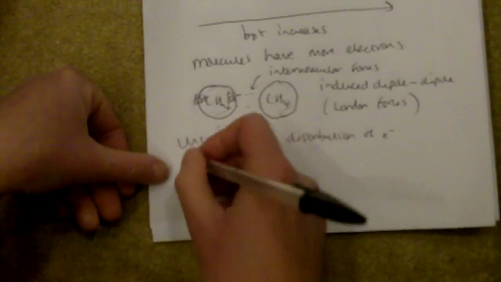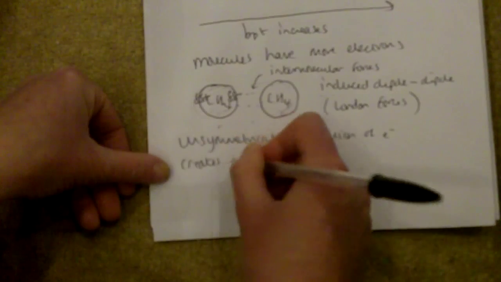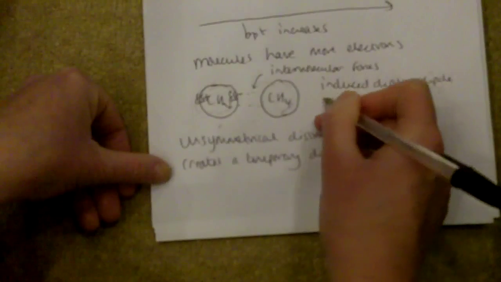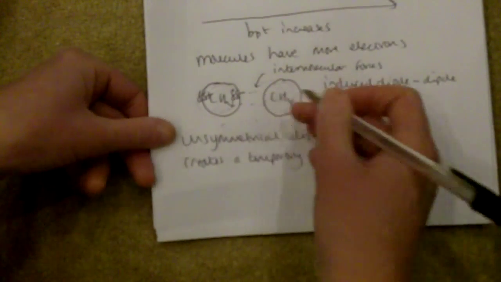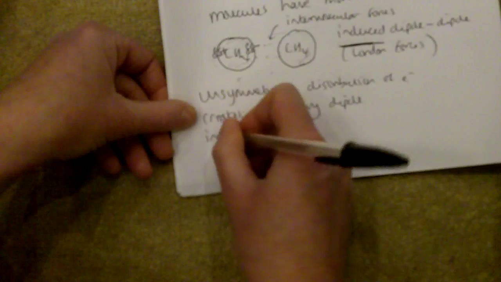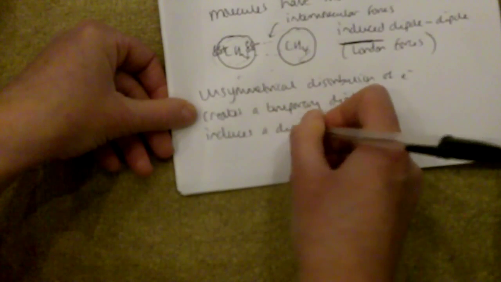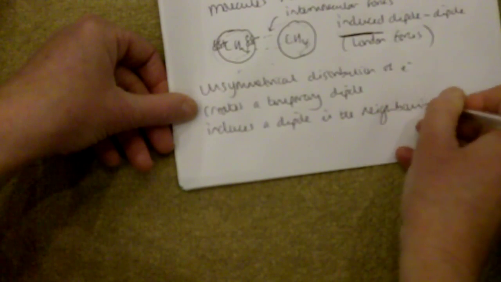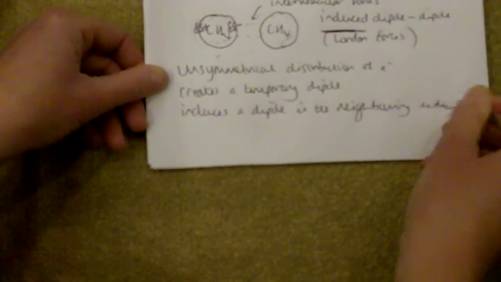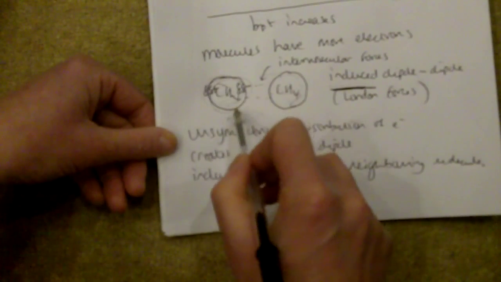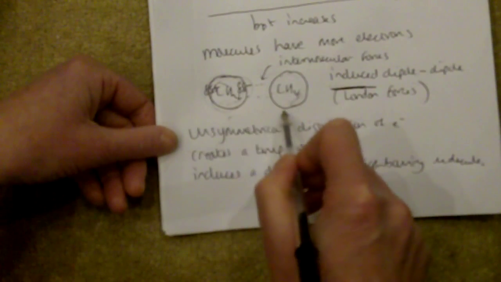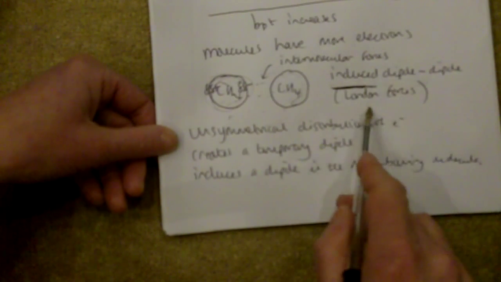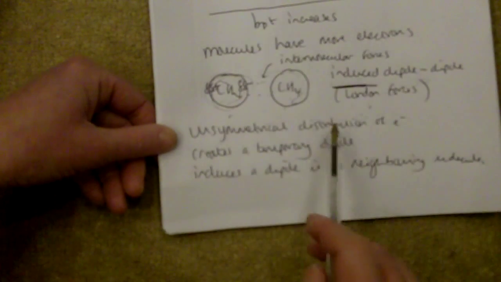This creates a temporary dipole, which induces a dipole in the neighboring molecule. So if you have more electrons, the greater the effect. The larger the molecule, the more London forces, or induced dipole forces, and therefore the higher the boiling point.